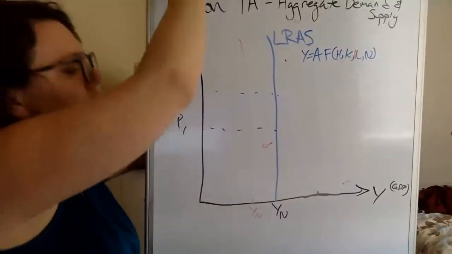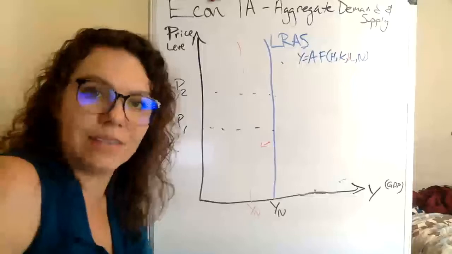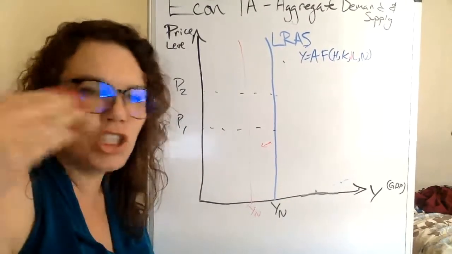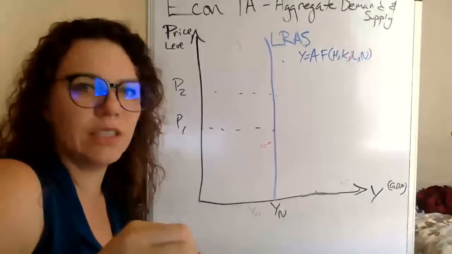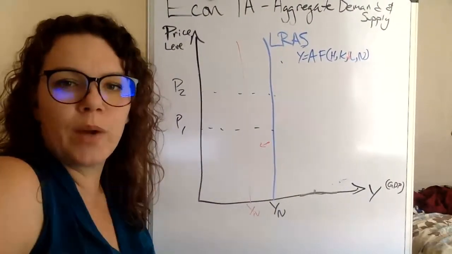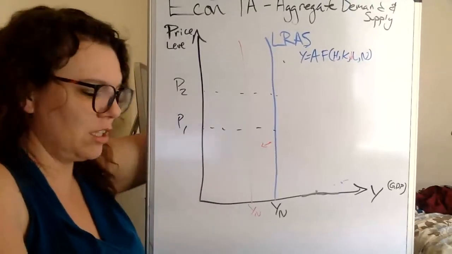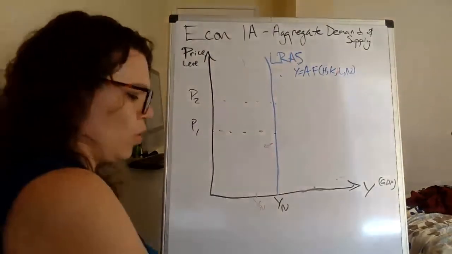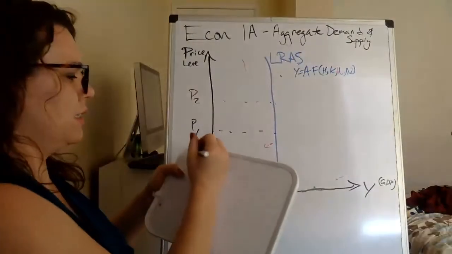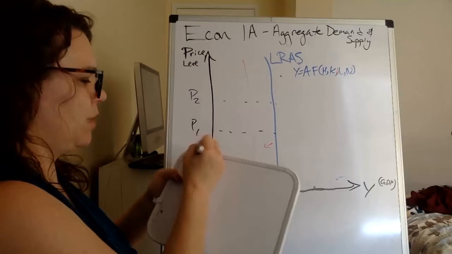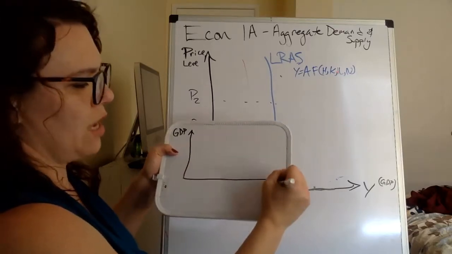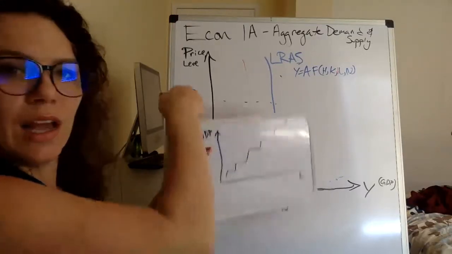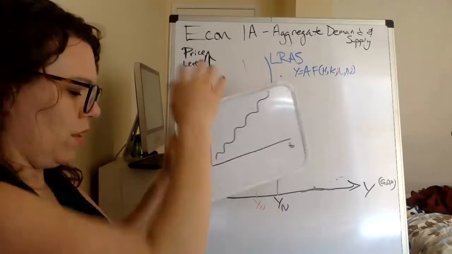The big idea here is that our economy has a natural level of output, a level at which it's just churning along, producing what it should, and short-run fluctuations might occur. That's the business cycle we talked about. If we look at GDP over time, there might be increases and decreases, but overall we're going to see a trend of growth.